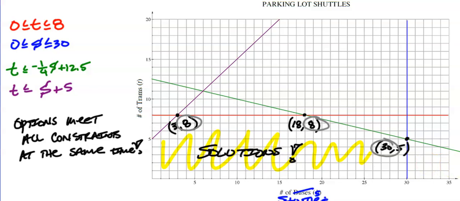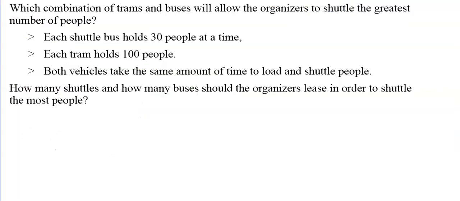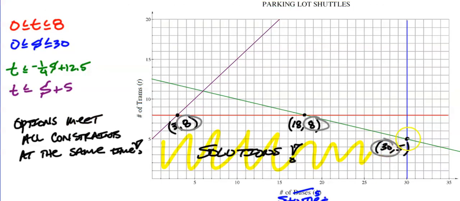So we got 3 points for shuttles and trams. This is the maximum number of shuttles with the maximum number of staffing with dollars. This is the best option for maxing out the shuttles.